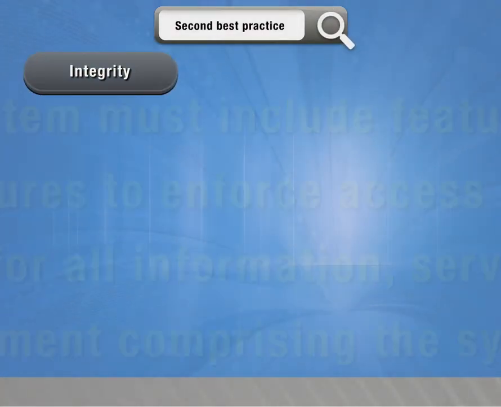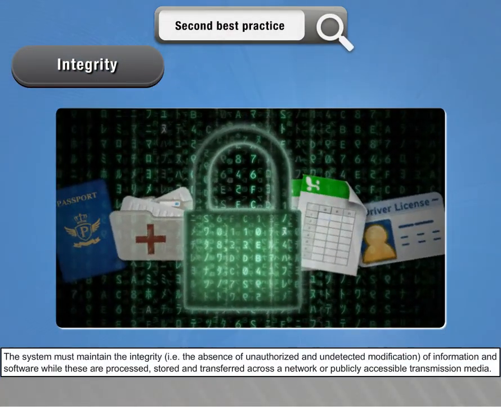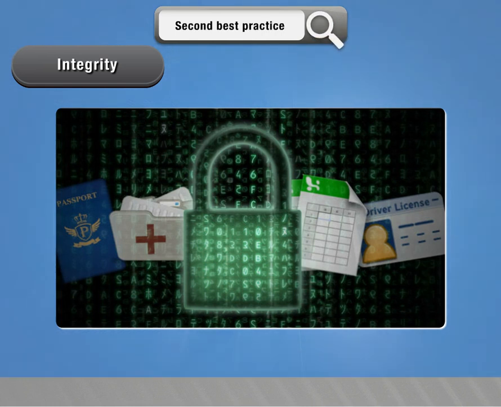Integrity: the system must maintain the integrity, that is, absence of unauthorized and undetected modification of information and software while these are processed, stored, and transferred across a network or publicly accessible transmission media.